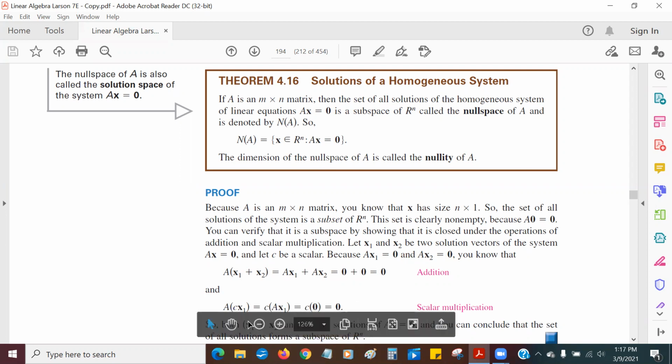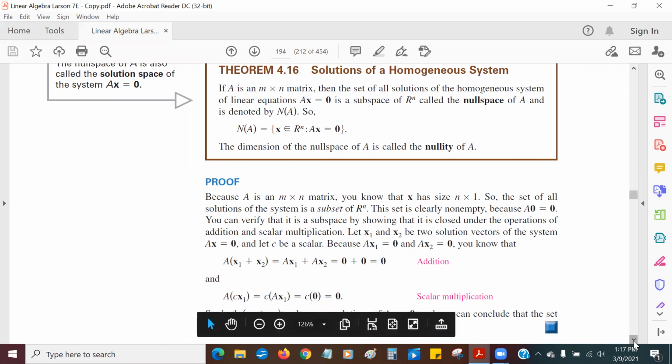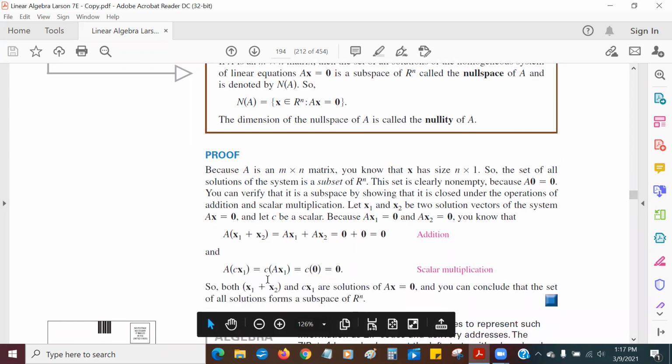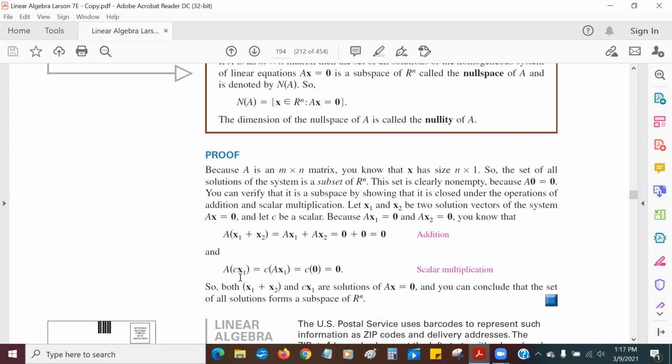And similarly, if I take a solution and multiply it by a constant, so I'm looking at cx1, we learned that we're allowed to pull a constant out of a matrix product. So this is equal to c times Ax1, but Ax1 is just 0. That's the given, and it all equals 0.